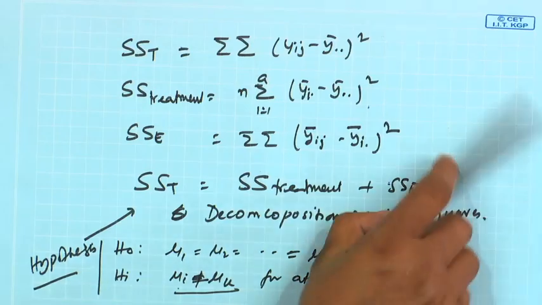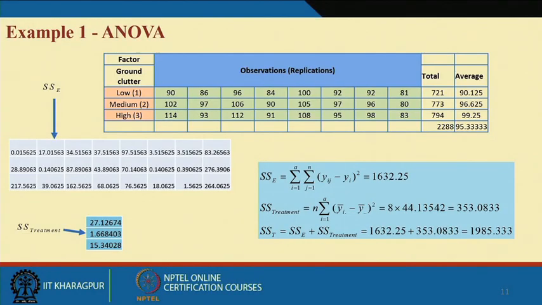We will see how the sum of squares decomposition takes place. Just see this slide. Here we have 8 observations, and you find the total and their averages, and this is the grand average.